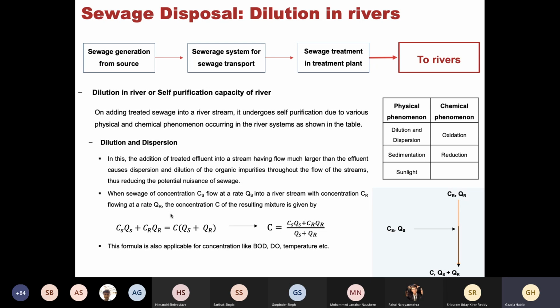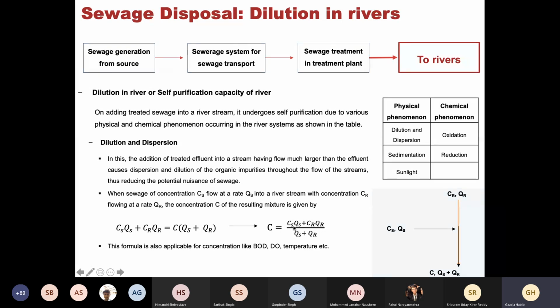So in that case, the concentration of pollutant C in the river mix, after disposing of the effluent, can be determined by this formula: C = (CS × QS + CR × QR) / (QS + QR).